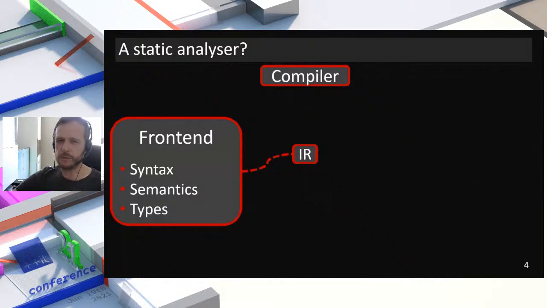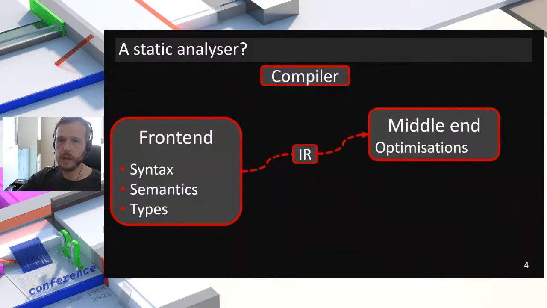Different compilers can use different formats for that, but the idea is the same. This goes to the so-called middle end, which I don't really like as a term, but anyway, it's called the middle end for some reason. Optimizations happen there. The code in the middle takes the output from the front end and performs some platform-independent optimizations.